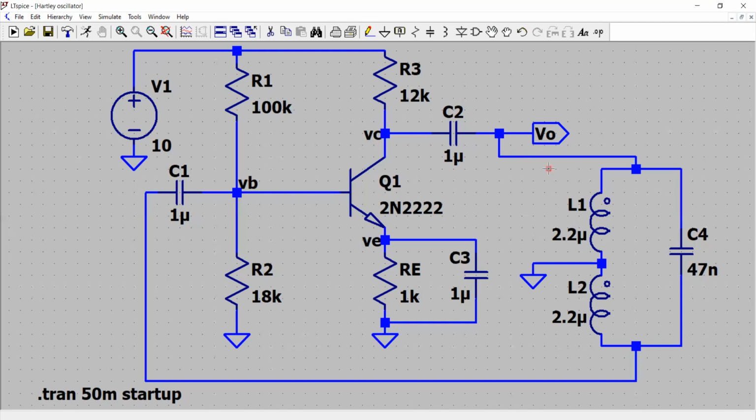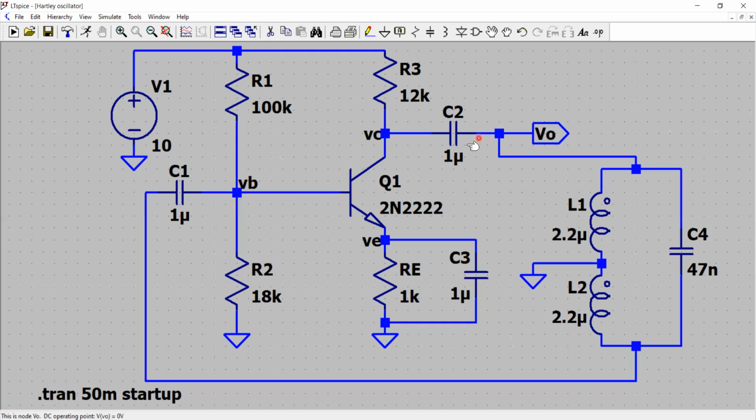Now, what I am doing, I have removed the resistive load assumption, and instead I have put up this network composed of L1, L2 in series together. In between, the common point is connected to the ground, and there is a capacitor C4. The values are chosen as 2.2 micro each for L1 and L2 and 47 nanofarad for C4.